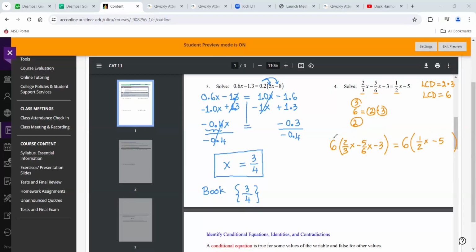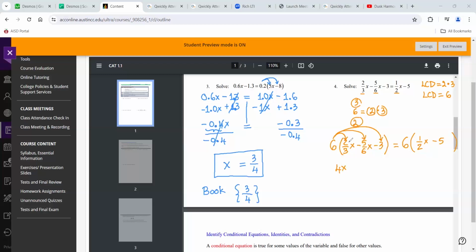Now let's go ahead and multiply the LCD 6 to the parentheses on the left side, which has 3 terms in there. 6 times 2 is 12. 12 divided by 3 is 4. So now it just gives us one term, which is 4 without the denominator. That is the first term.